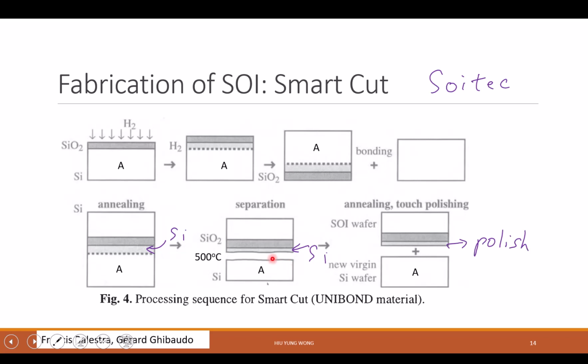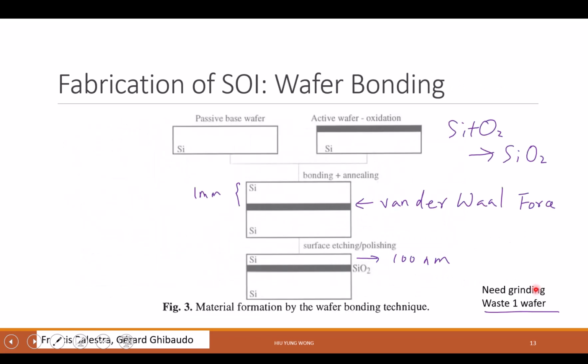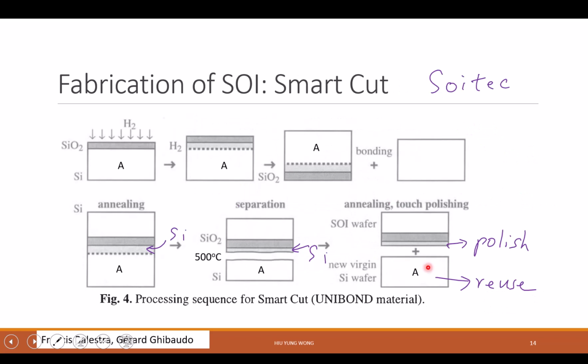And the good thing is, you can reuse the wafer you just separated for the next step to form another SOI. Instead of polishing everything away and wasting one wafer, here you can reuse this one. So this is called smart cut. Okay, and then with this, you continue to build your transistor on top of it, like what you regularly do.